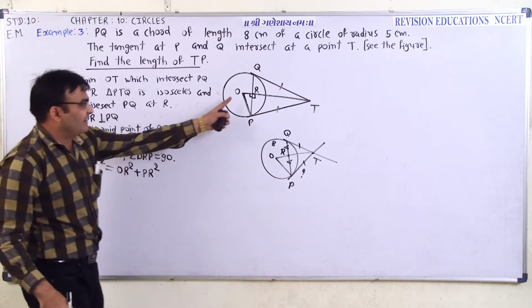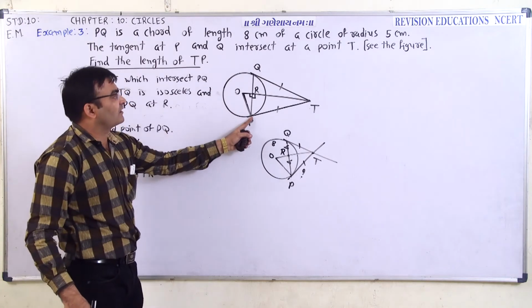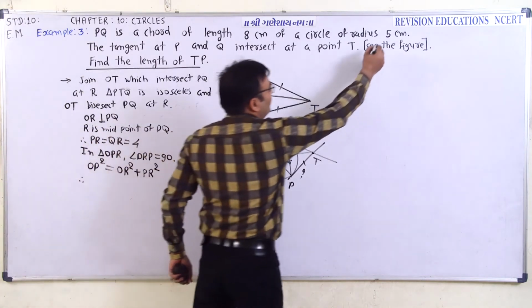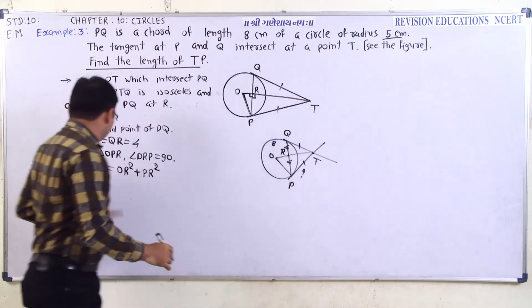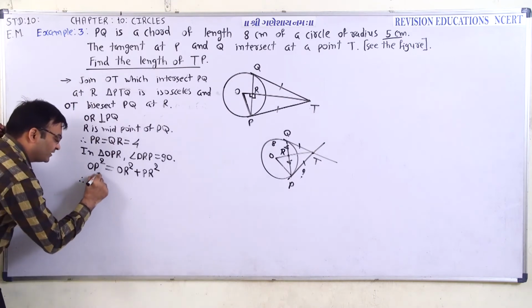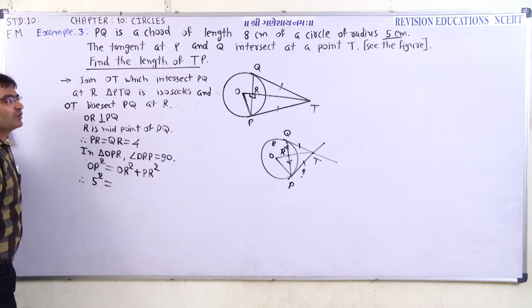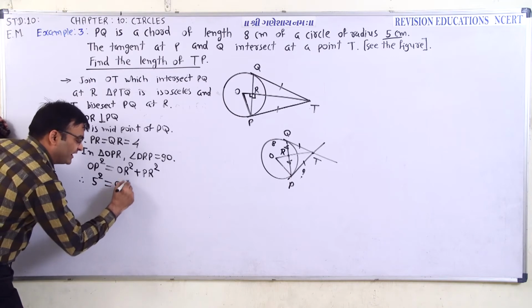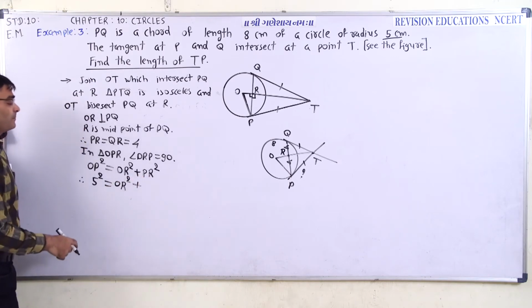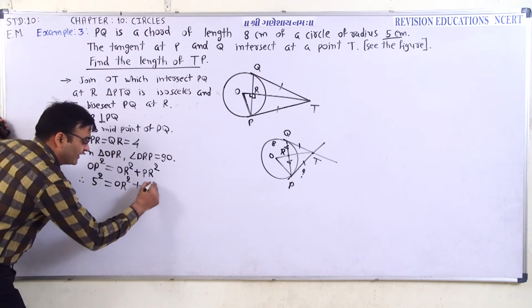OP is the radius of the circle and its value is given as 5 centimeter. So I write here 5. OR we don't know, so don't write anything. In place of PR we write 4 square.